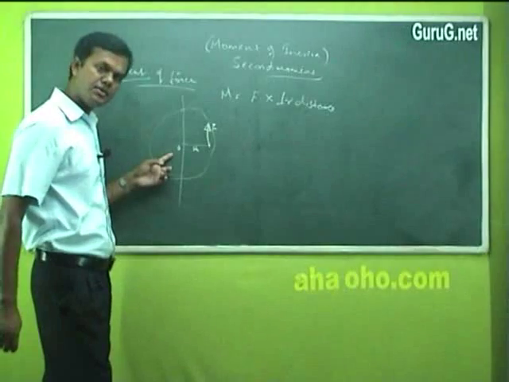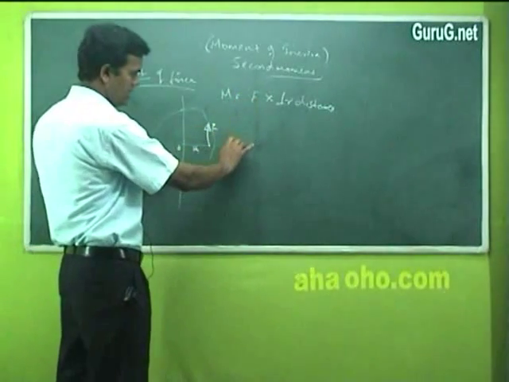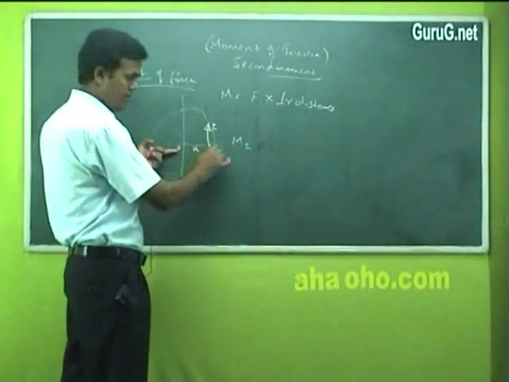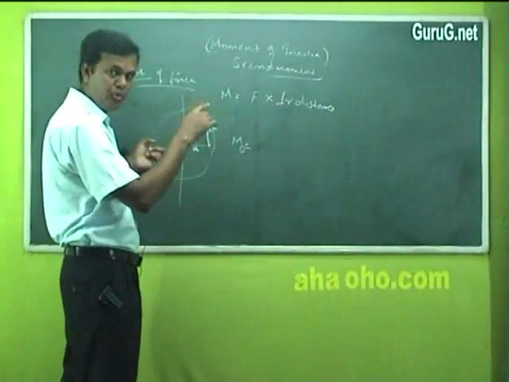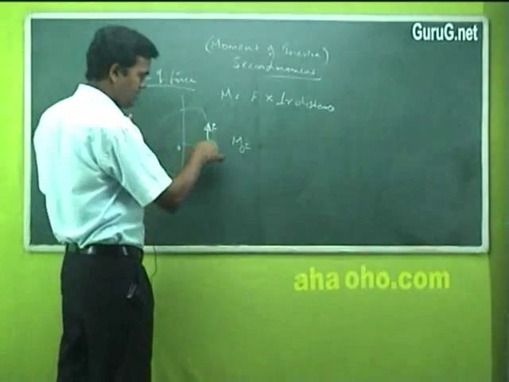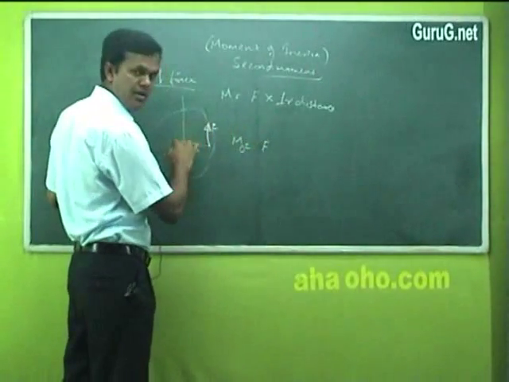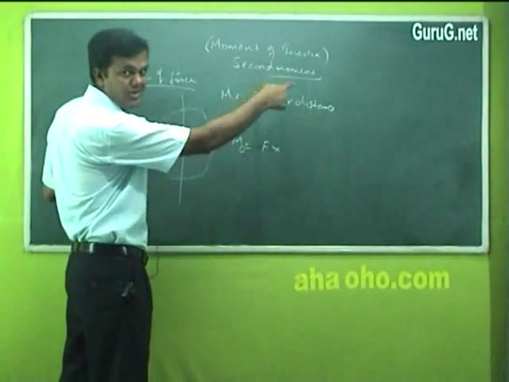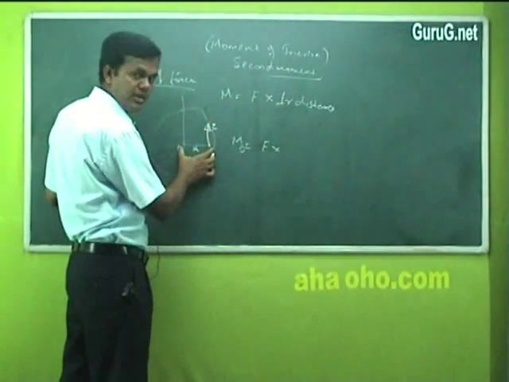How do I write the moment for this? Moment M is equal to, I'll write MO, that is moment about point O, is the force F into the perpendicular distance. What is the perpendicular distance here?